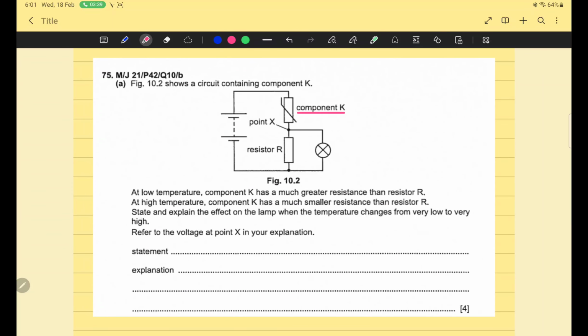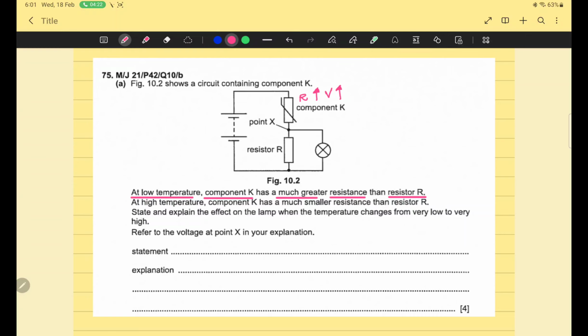This is a thermistor symbol, and there is a fixed resistor, and this fixed resistor is connected with a lamp in parallel. The question is, at very low temperature, thermistor resistance is much greater than R. So its resistance is very high, and if the resistance is very high, then obviously its voltage would be very high.